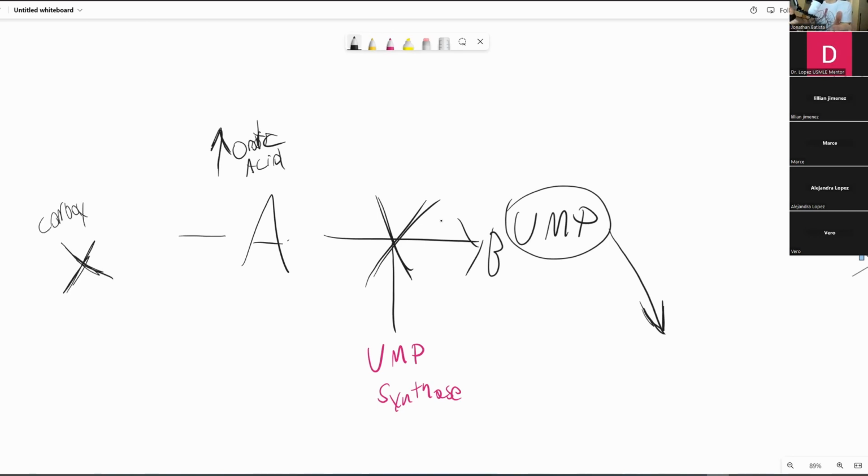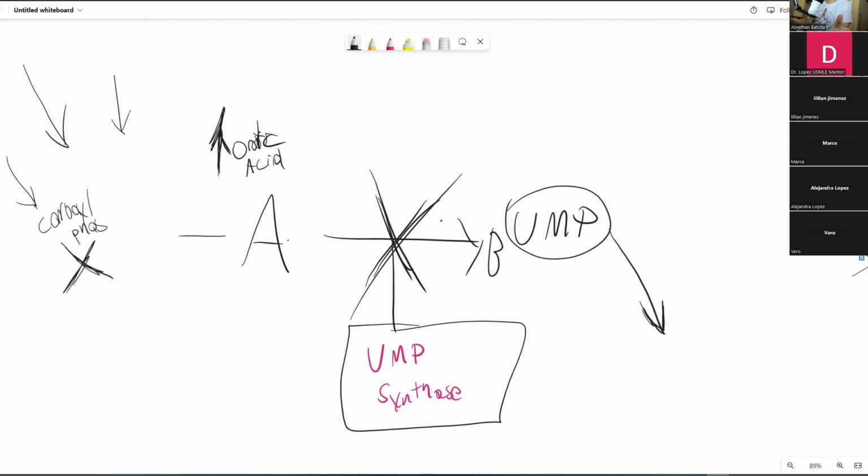You had too much carbamoyl phosphate coming from the cytoplasm and also coming from the mitochondria. So orotic acid is increased. You're seeing it's like a sandwich. It increases because you couldn't advance it, and it increased because you gave it too much precursor, depending on the disease. This disease here is UMP synthase deficiency. This is what they call orotic aciduria.